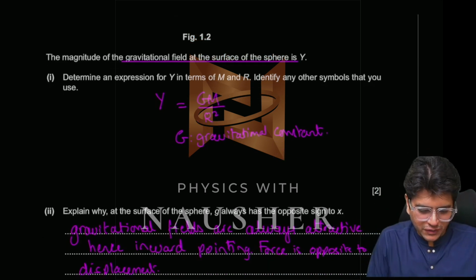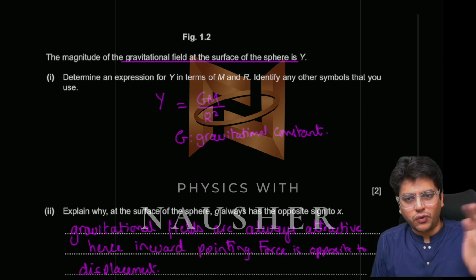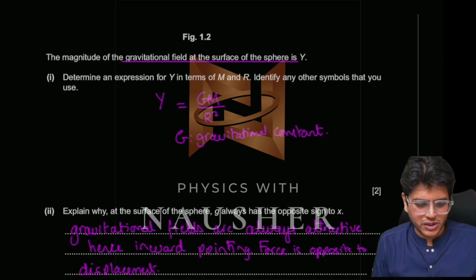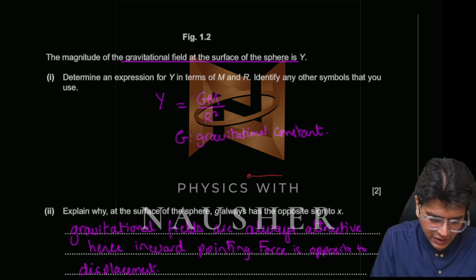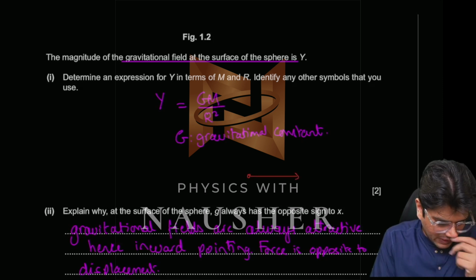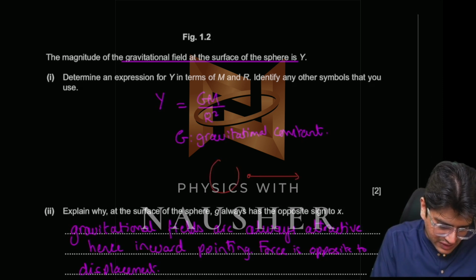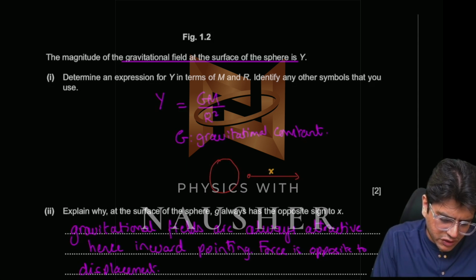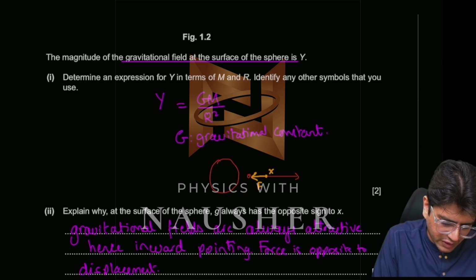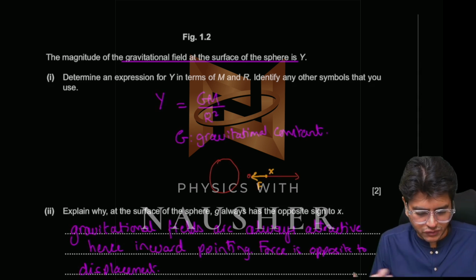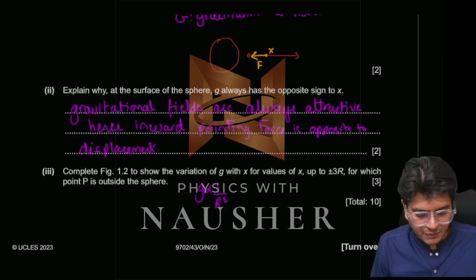So gravitational fields are always attractive, hence inward pointing, and the force is always opposite to your displacement. X is your displacement. If you move something from here to here, and this is the planet, the gravitational force will point inwards because it's always attractive. So force is opposite to displacement.